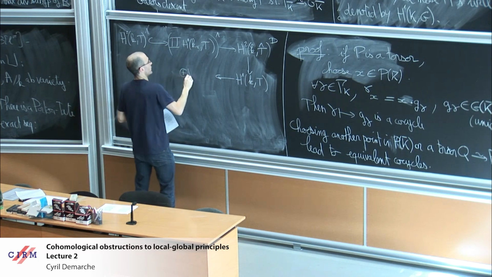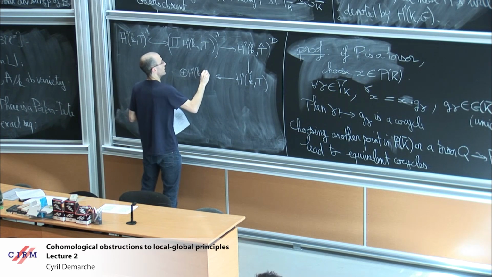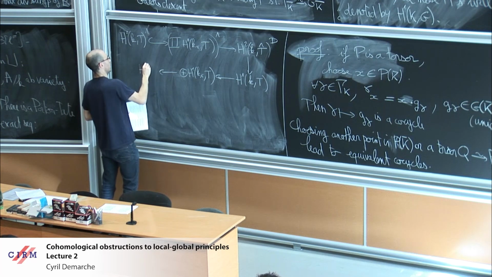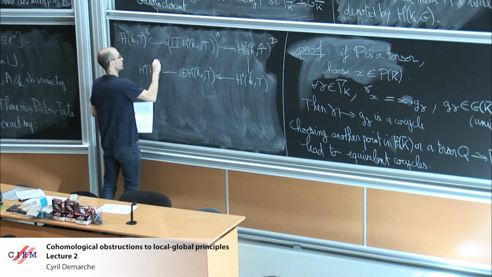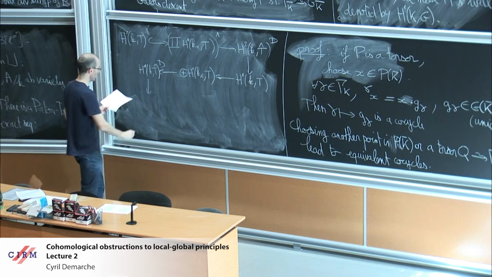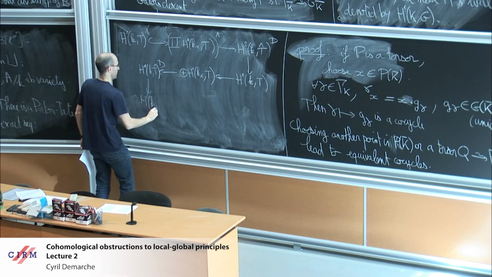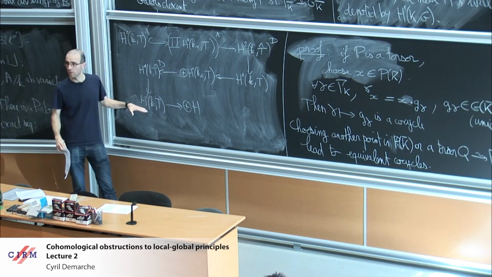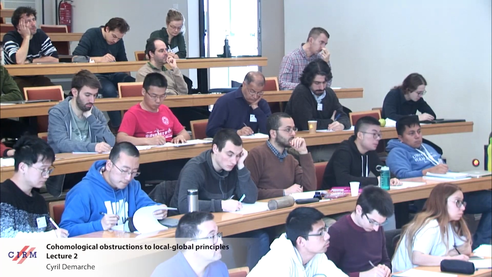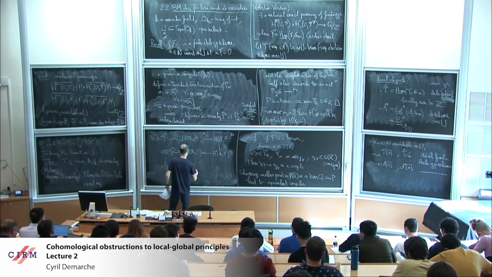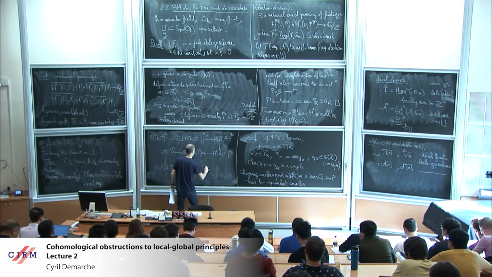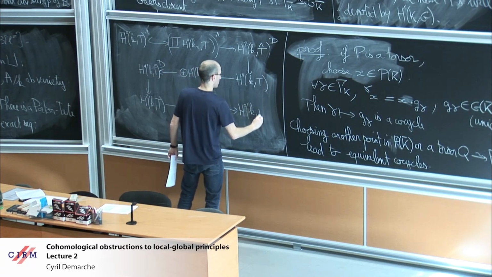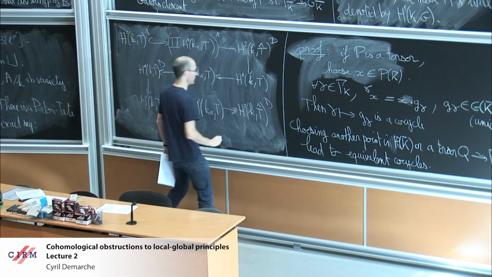Here you get the direct sum of H^1(K_v, T). So here you get H^1(K, T̂) dual. Then you get H^2(K, T), direct sum of. So this exact sequence here is a generalization of the Brauer-Hasse-Noether theorem when T equals G_m. And here you get H^0(K, T̂) dual, and this last map is surjective.